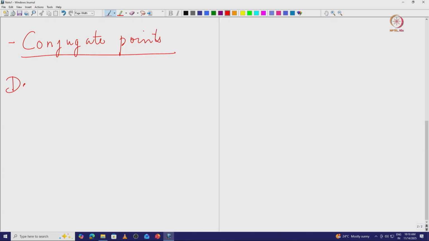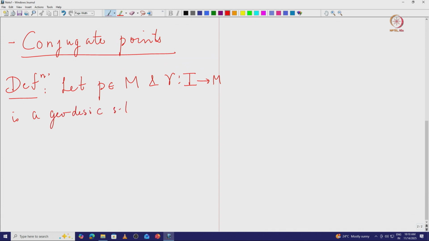Okay, so here is a definition. Let P be a point in M, and let us say gamma is a geodesic such that t naught belongs to this interval and gamma at t naught is P, okay.